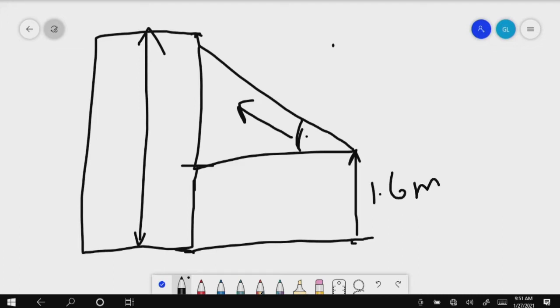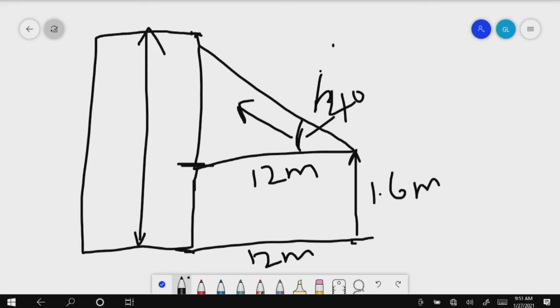Now, for us to find this distance between the height of the surveyor and the top of the building, again, we're given an angle of 40 degrees, being his angle of elevation. The distance between himself and the building is 12 meters.